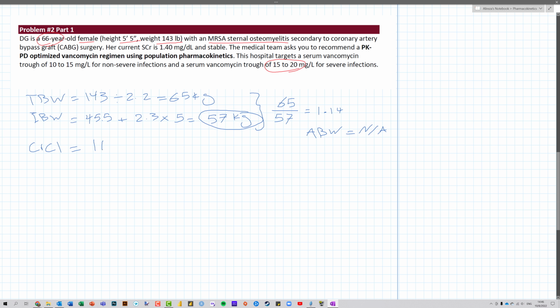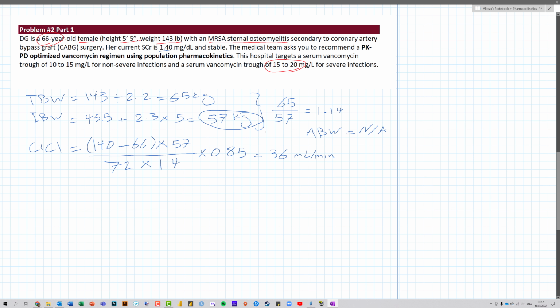So again, this is 140 minus age, which is a 66-year-old female, times the body weight 57, divided by 72 times the serum creatinine, which is 1.4. And again, this is a female, so multiplied by female factor 0.85, and this would give you 36 milliliters per minute.